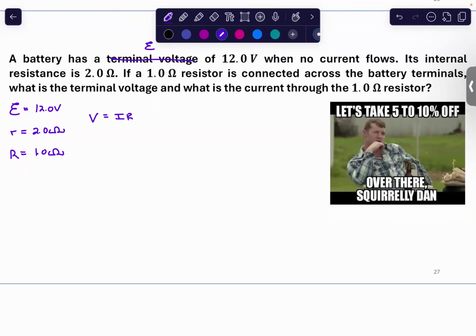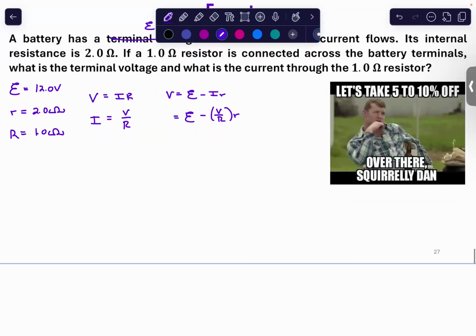We have that for voltage. We also have this. Here we can say I is V over R. All right, so let's pull everything with a V to the same side.